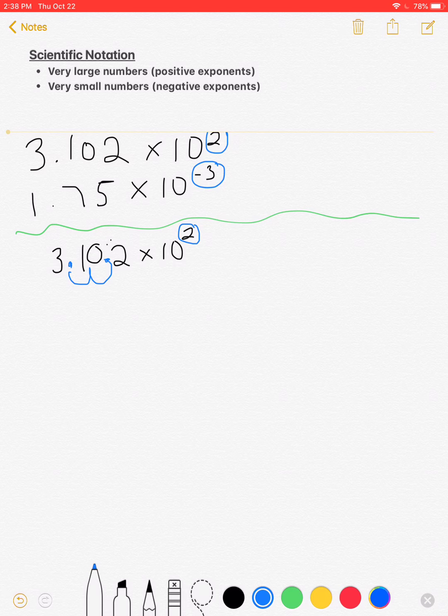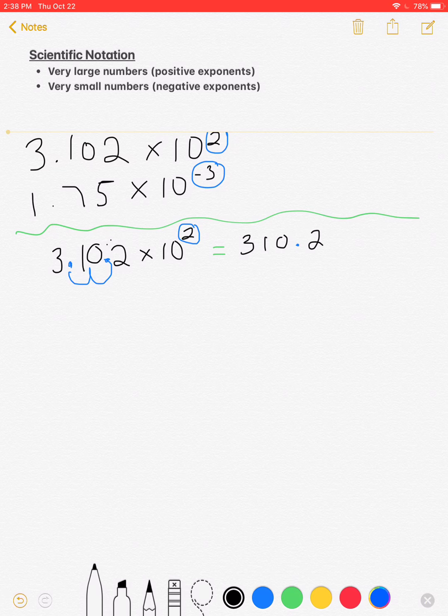Now I look at where my new decimal is at. If I were to write this number out, this is equal to 3. I look where my decimal is now. The decimal is not there anymore. 310, now I have my decimal point, 0.2.